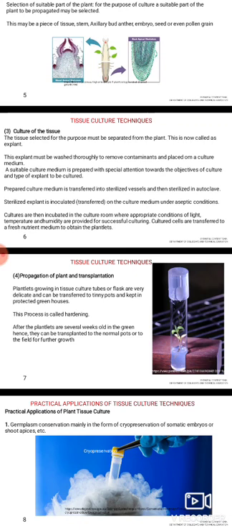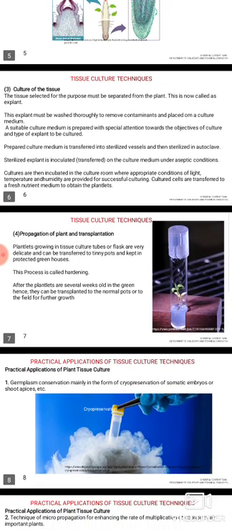A suitable culture medium is prepared with special attention towards objectives of culture and the type of explant to be cultured. Prepared culture medium is then transferred into sterilized vessels and then it is sterilized in an autoclave. The sterilized explant is inoculated on the culture medium under aseptic conditions.